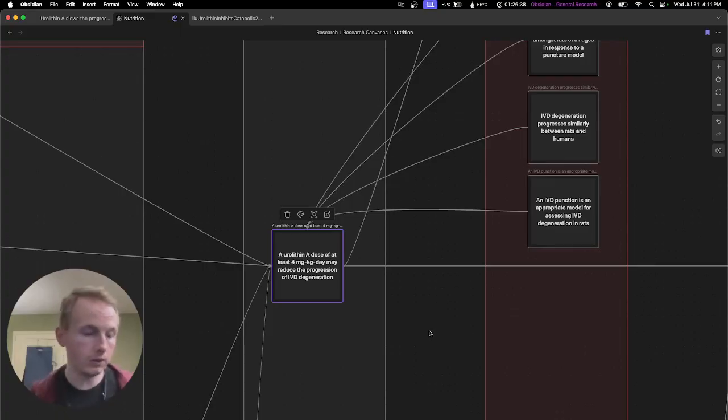Now luckily, as long as I calculated everything correctly, 25 milligrams per kilogram in a rat translates to a fairly low dose in humans. So 4 milligrams per kilogram per day in humans. Say a 70 kilogram person would be about 280 milligrams of Urolithin A per day.